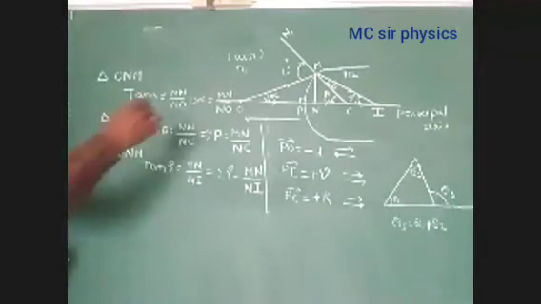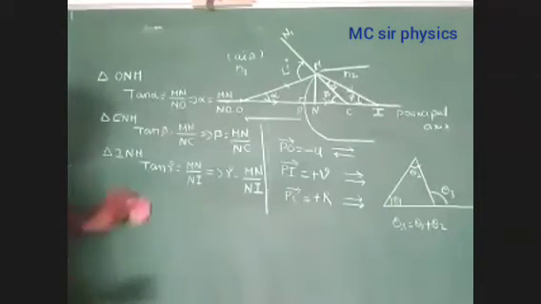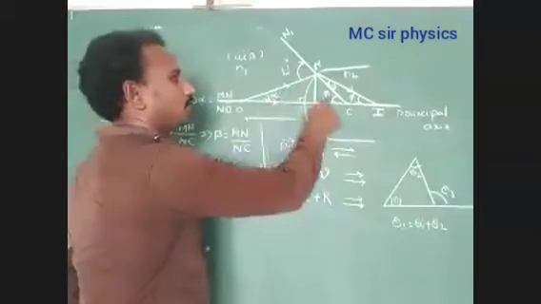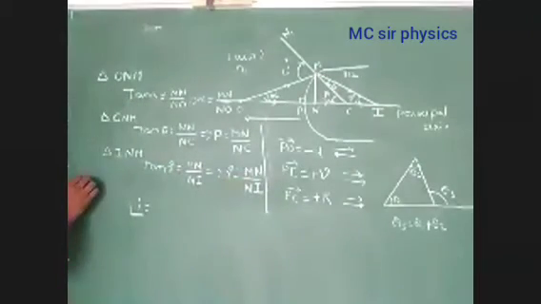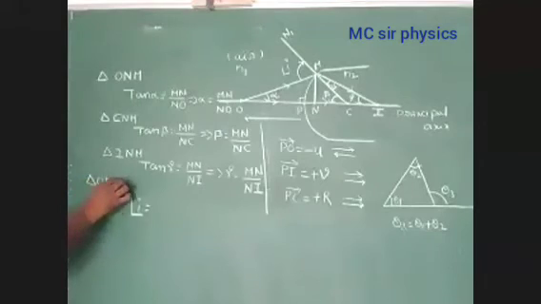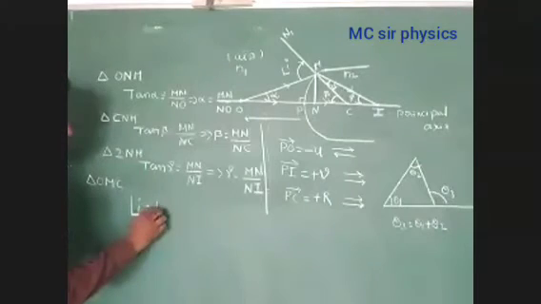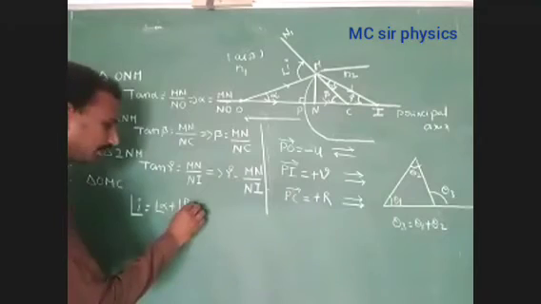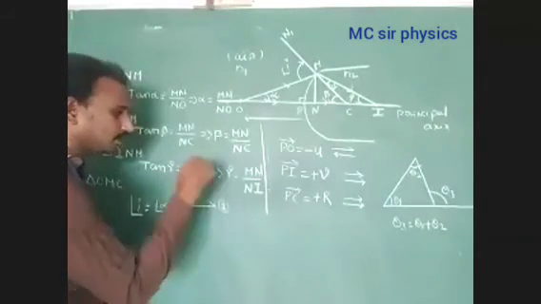For exterior angle I, it equals the sum of opposite internal angles of the triangle. What triangle do we consider? Triangle OMC. We find the sum of opposite internal angles, angle alpha plus angle beta. Angle I equals angle alpha plus angle beta; it represents equation number 1.